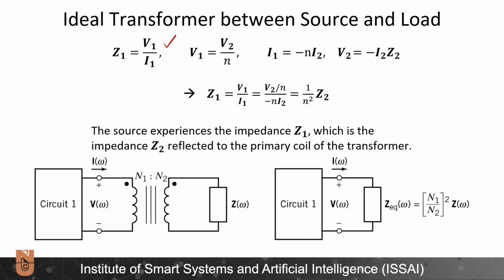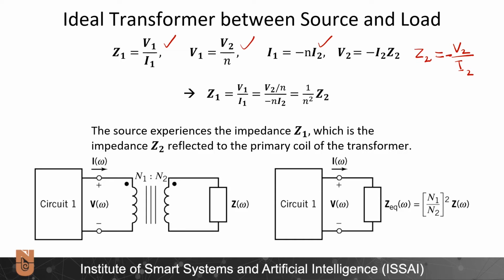The input impedance, the relation between the voltage of the primary coil and secondary coil of the transformer, the equation which relates the currents of the primary and secondary coil, and also an equation from which I can find the impedance of the secondary coil as Z2 is equal to V2 divided by I2, but with a minus sign.